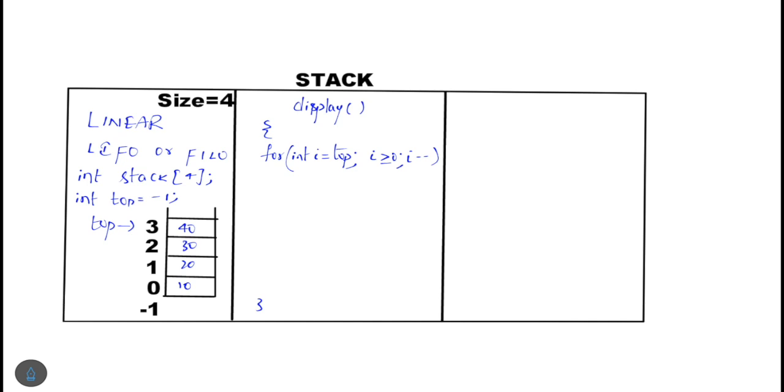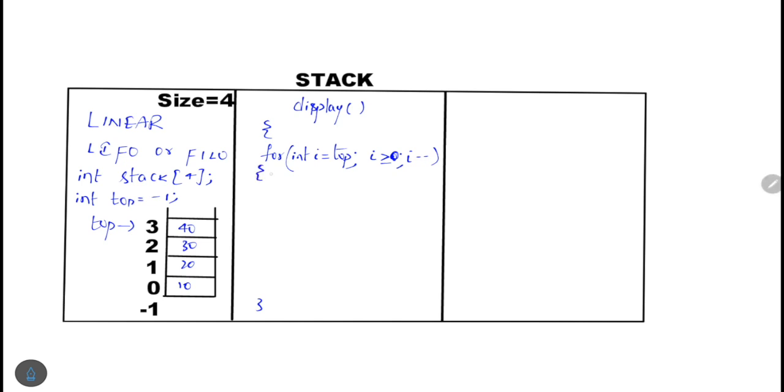So every time that I index here, I value should be decremented further. And until you reach 0th position, that has to be your last position, isn't it? So I is equal to top, I greater than or equals to 0, and I minus minus.